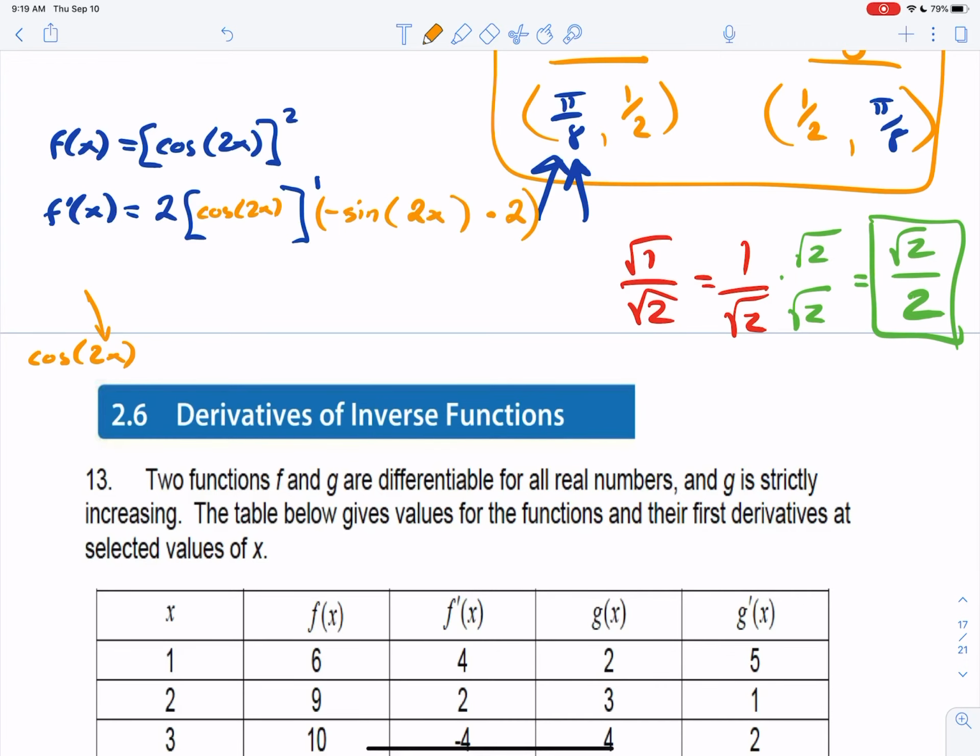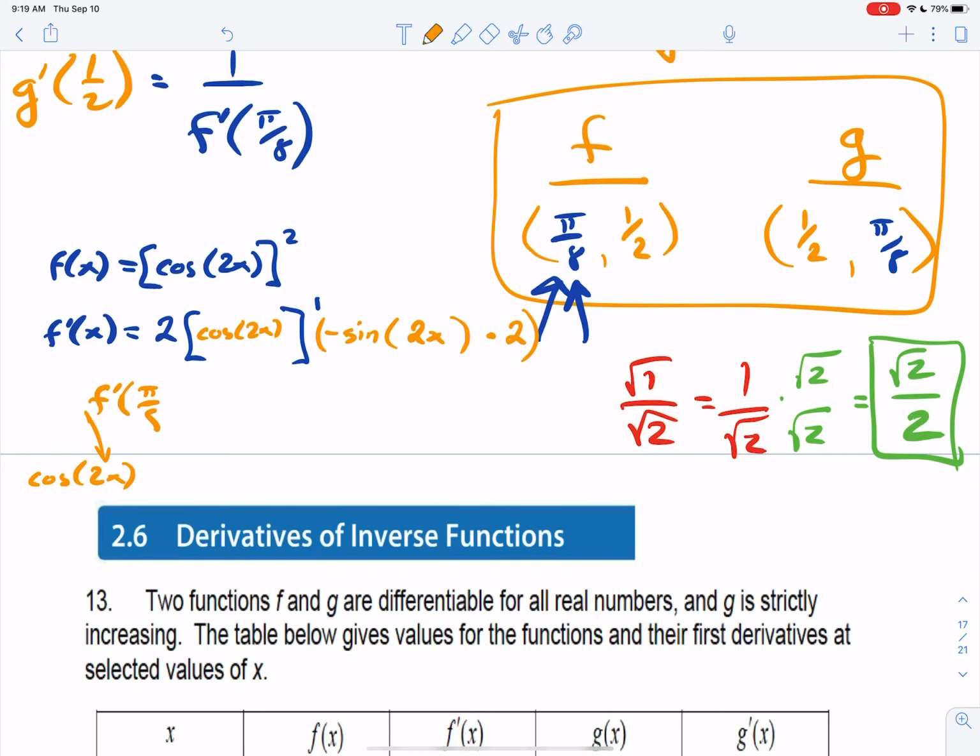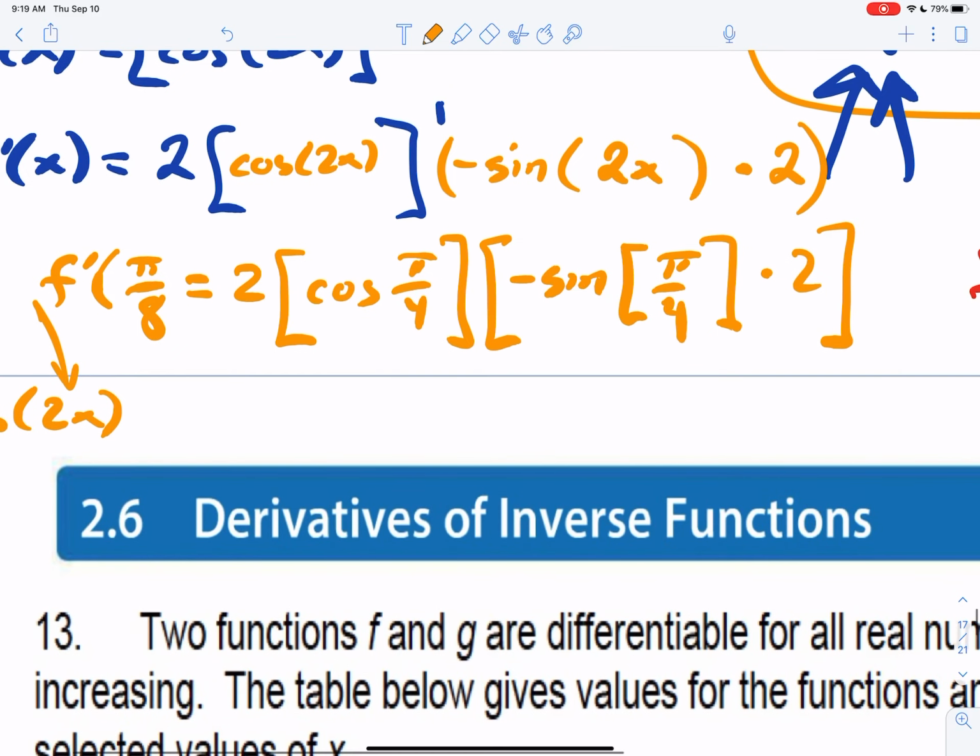Okay, all that, f prime of pi over 8, okay, I'm going to get 2 times the cosine of 2 times pi over 8, which is just pi over 4, times negative sine of 2 times pi over 8, which is pi over 4, times 2. It's messy, but who cares? Here we go. Cosine of pi over 4 is radical 2 over 2.